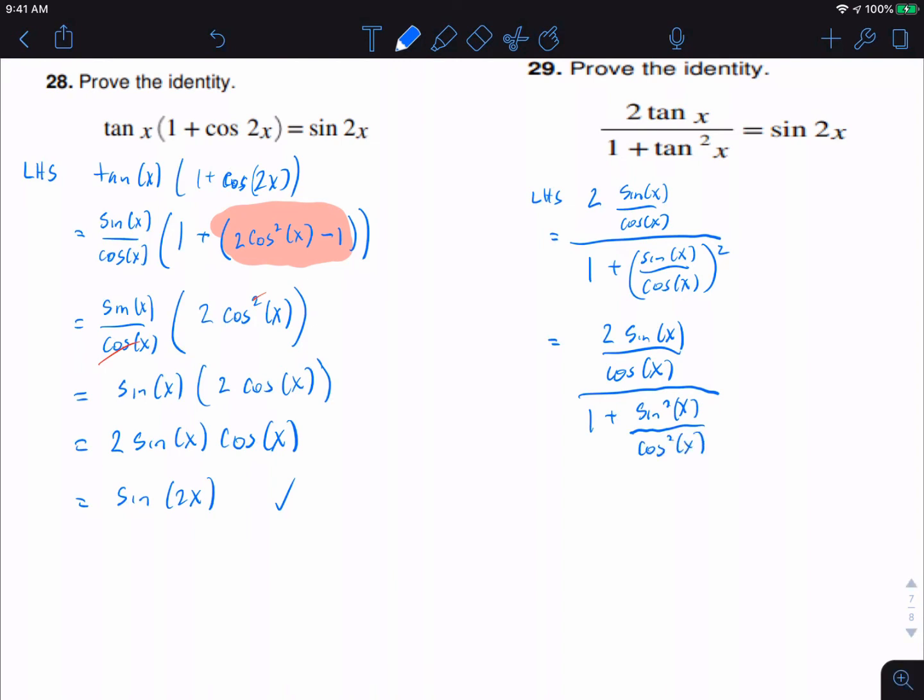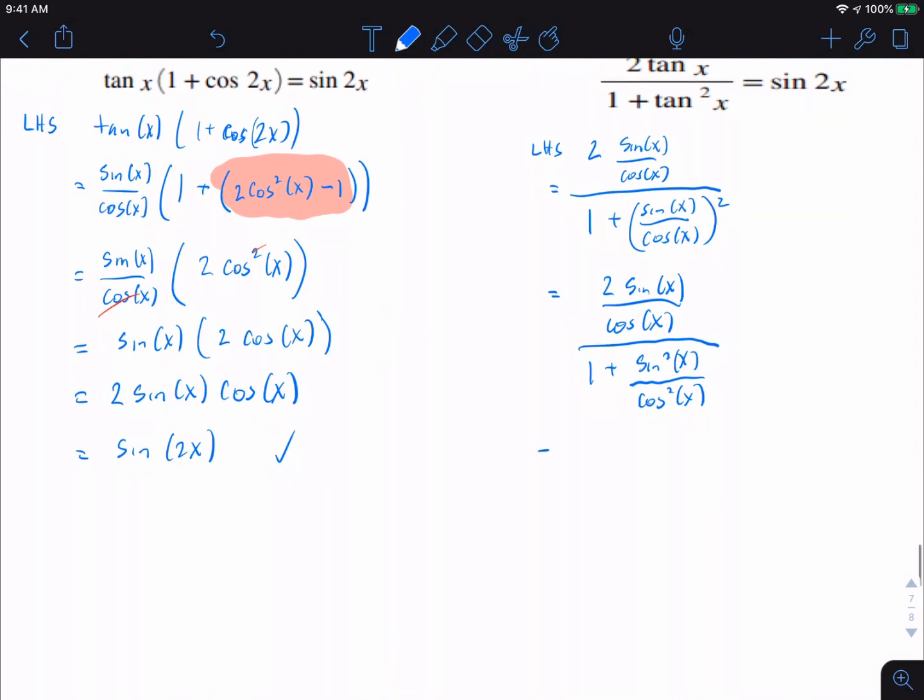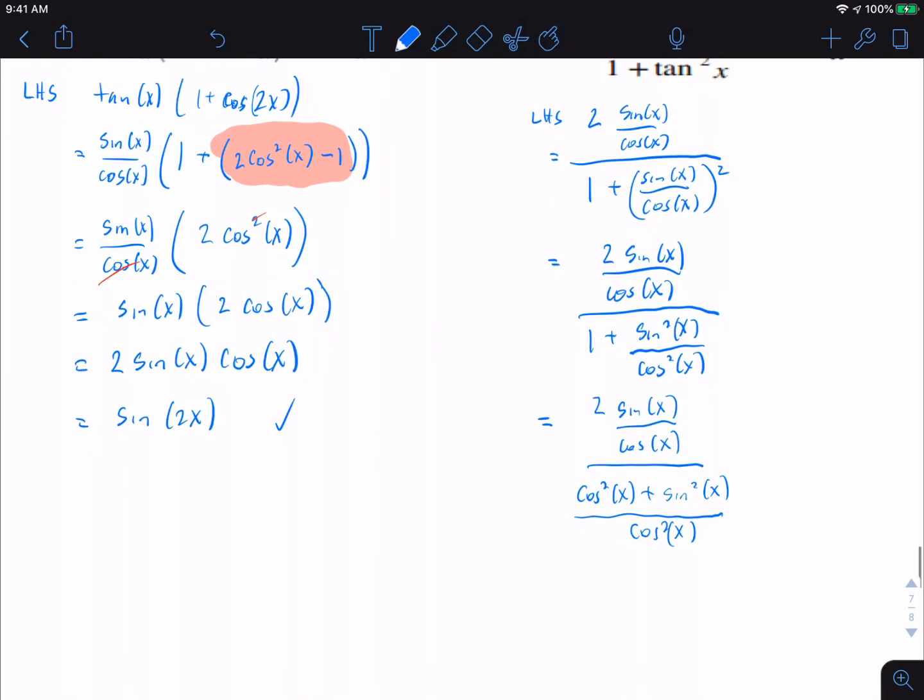And then what I'm going to try to do on the denominator is get a common denominator. And so I'm going to get cosine squared of x over cosine squared of x plus sine squared of x all over cosine squared of x. You guys should see that.